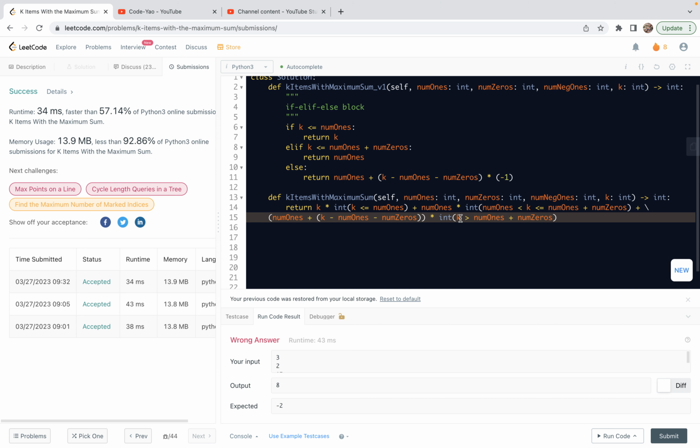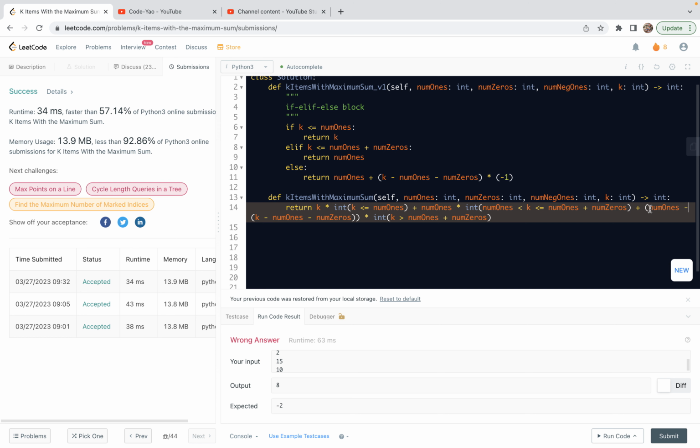We check if k is larger than this num1s plus num0s, and then k. Let me change this one. Let's check again. 3, 15, 10. Let's see what's the problem. So here k times int plus nums times int. K is less than or equal to, then plus num1s. Oh, here. So I guess it should be minus.